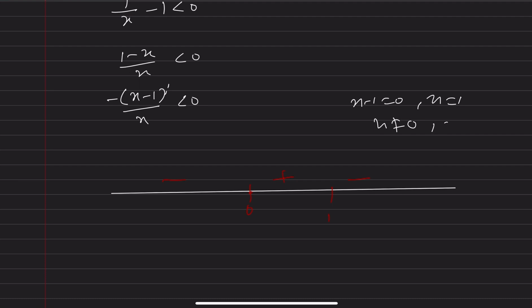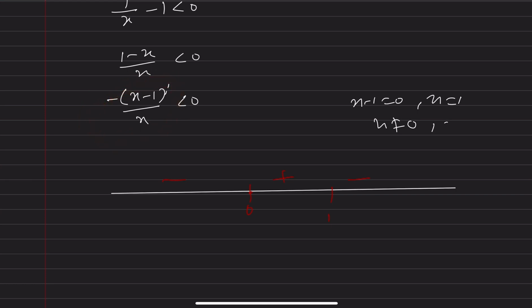So what does it mean? It is saying that if you use this number line, all the numbers which are greater than 1, if you put them in this expression, it gives you a negative number, so the value of the entire expression is going to be negative.